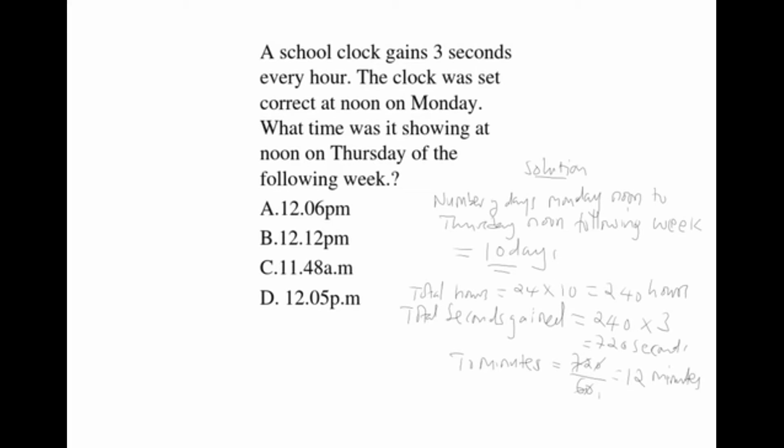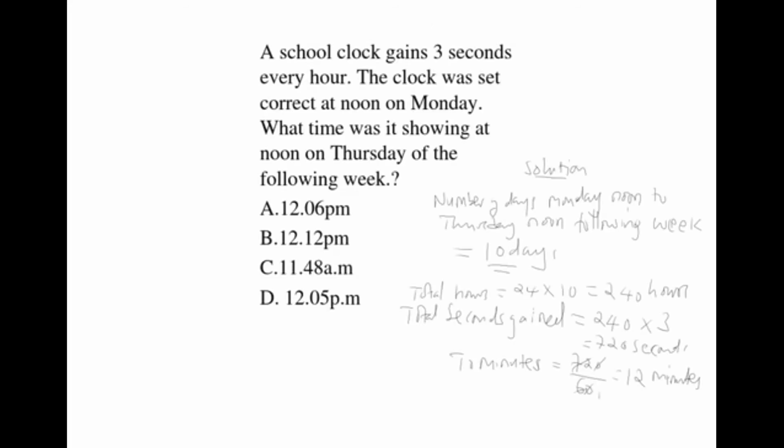So to get the time it was showing on that Thursday noon the following week, it was noon, so we add 12 minutes from noon, and this one gives us 12:12 PM the following Thursday. So we have our answer as B.